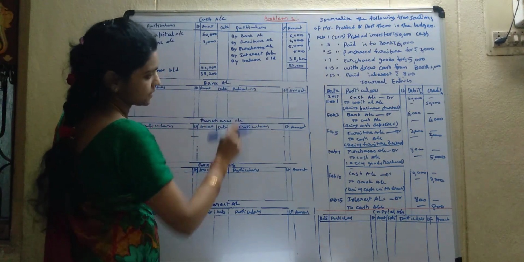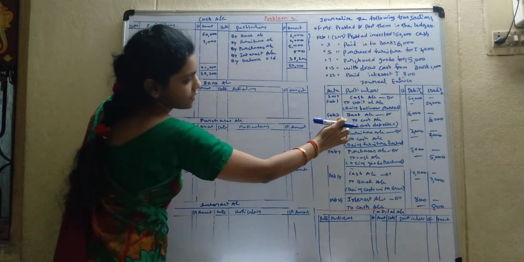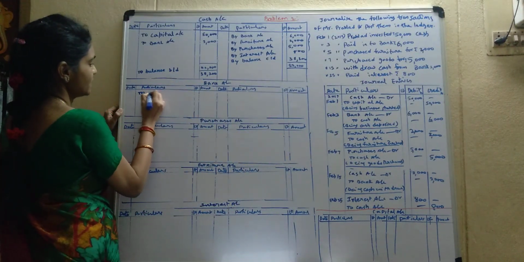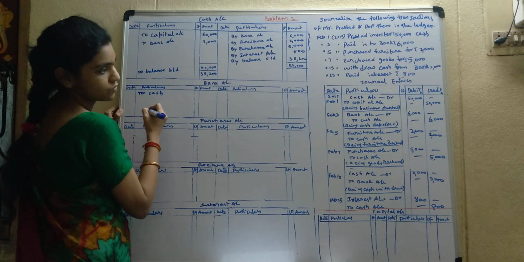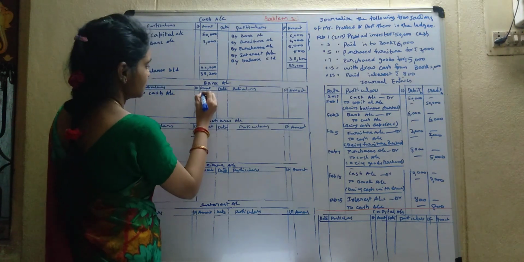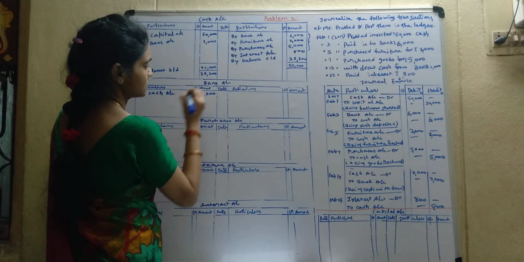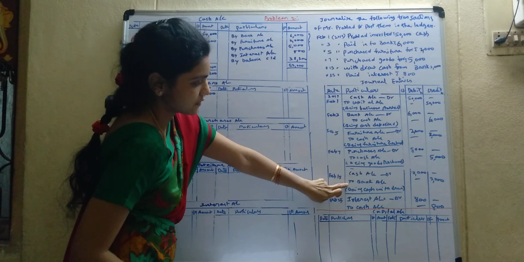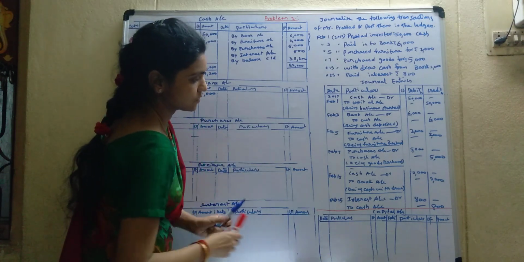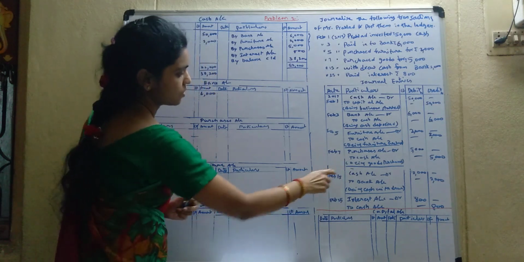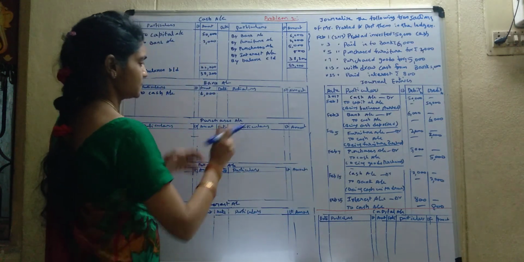And coming to bank, any transactions relating to bank, 'To' always comes on this side, to cash account. What's the amount? 6,000. And here another transaction relating to bank. So what comes here?